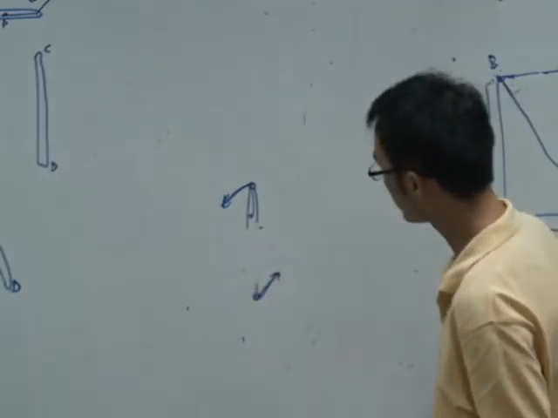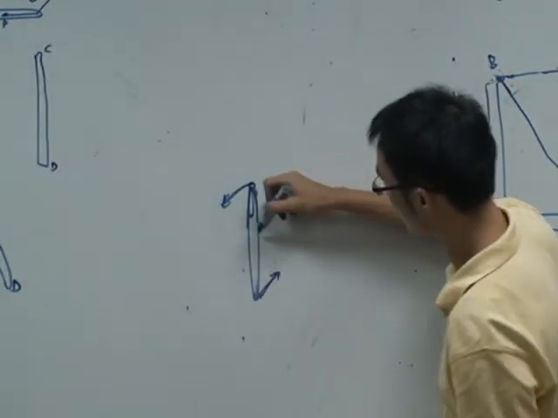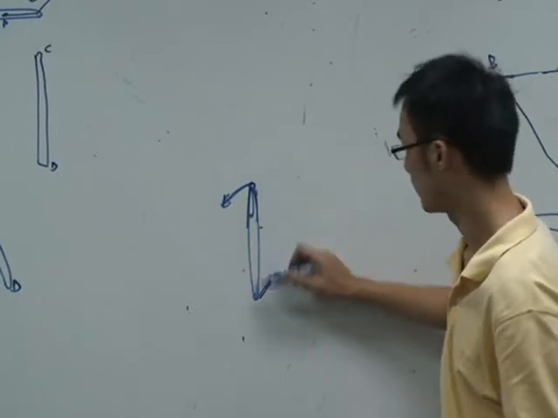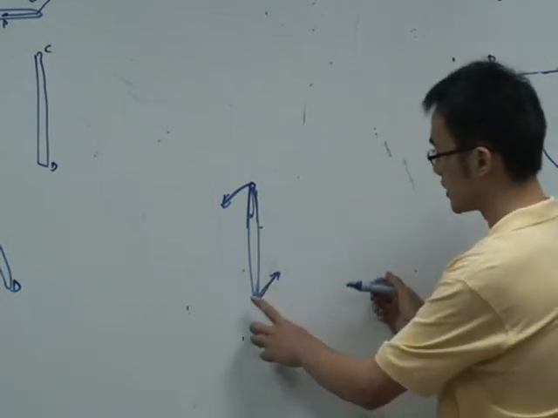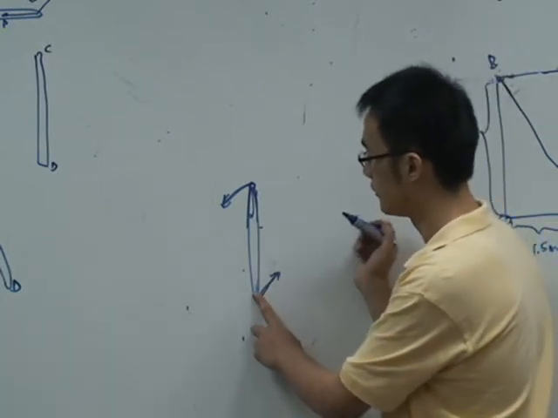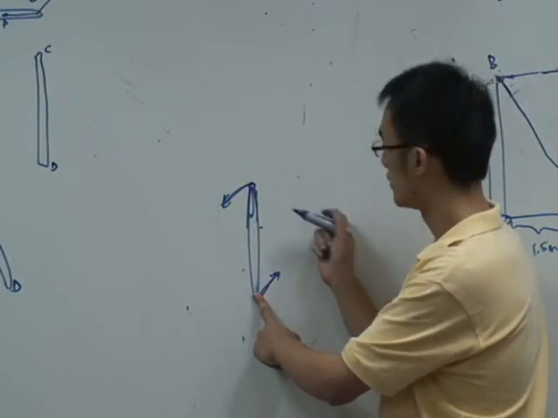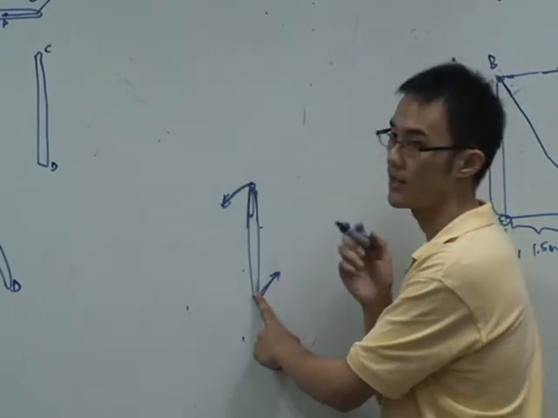For example, if this member does not have any forces in between, or any moment on this part, and we take either end as the point of analysis, we look at the force acting on the other end.